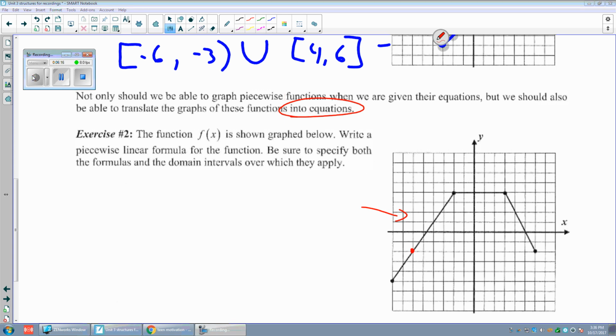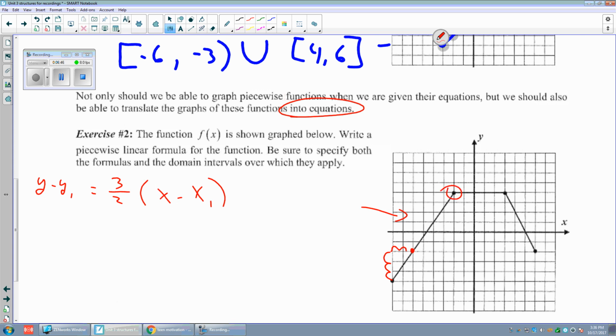Okay, you want to do it the easy way or the hard way? The easy way, please. I picked 2 points. Rise 1, 2, 3. Run 2. Positive 3/2. X minus x1 equals y minus y1. Pick a point that's on the line, anywhere on the line.